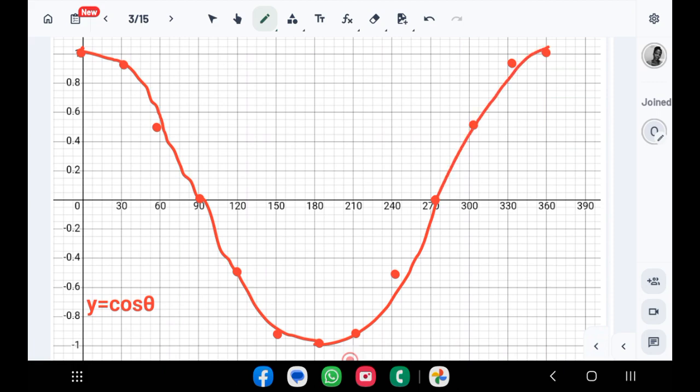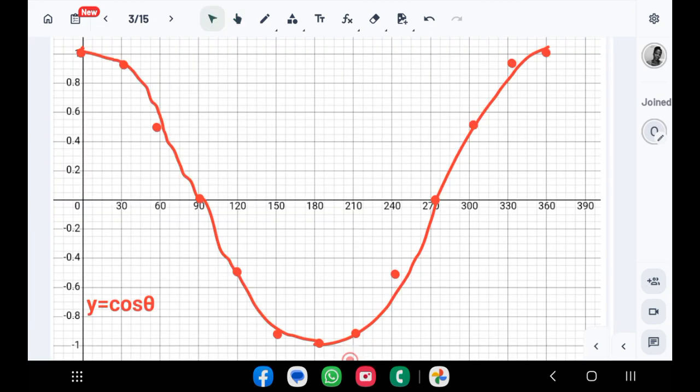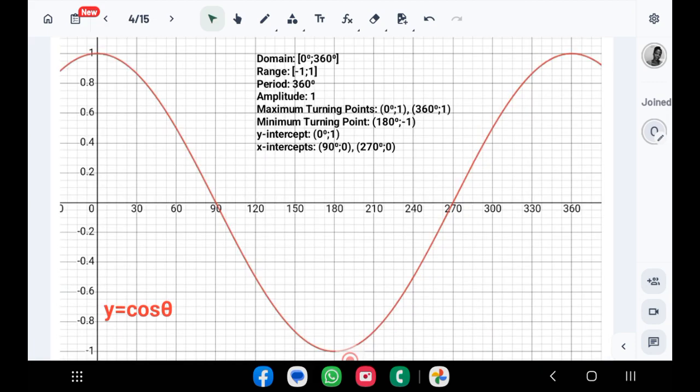Okay, and that is how you plot the graph of y equals cos theta. Let's remove that and put it over here. Okay, right, and this is what it should look like.